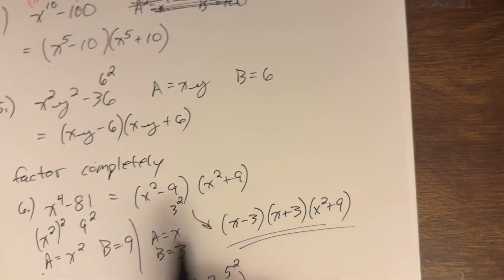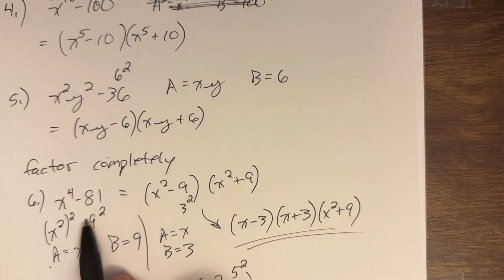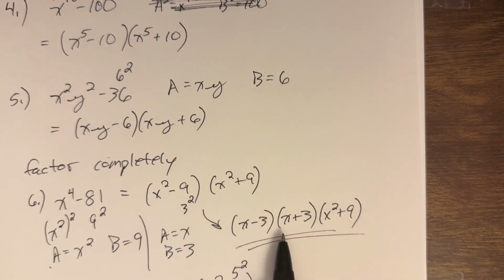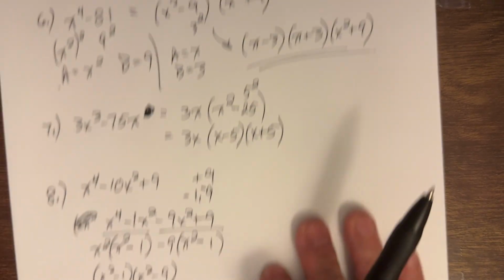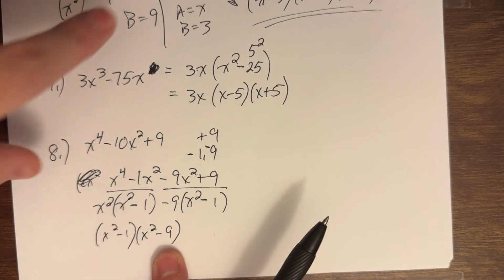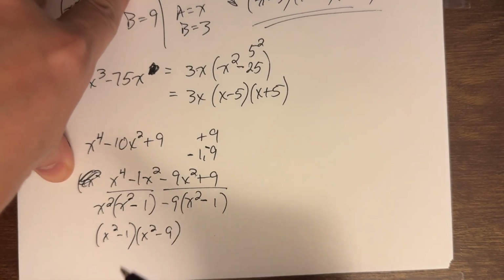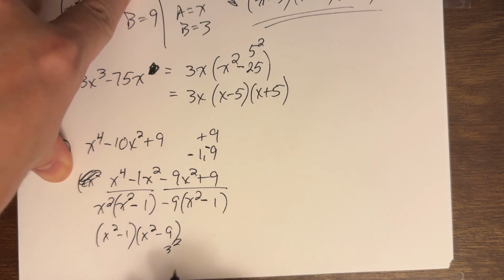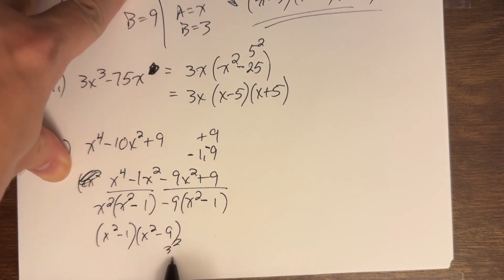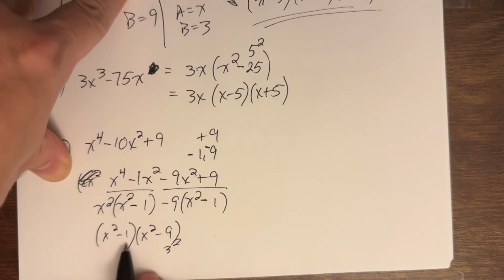So up here we saw after we did some factoring, here it was starting off as a difference of squares, but after the fact, we still ended up with a difference of squares that could keep going. This one was done. This one, they're both perfect difference of squares. Over here, the second one, a lot of people see that one easier. X squared is obvious, 9 is 3 squared. It's easy to miss it here.